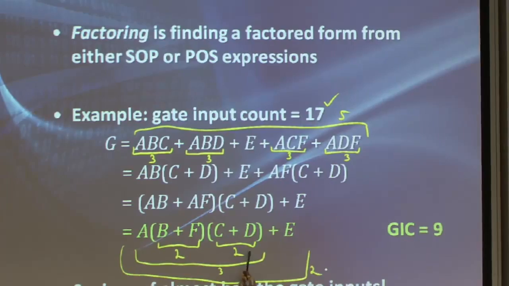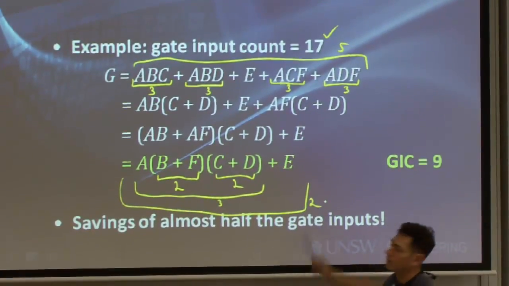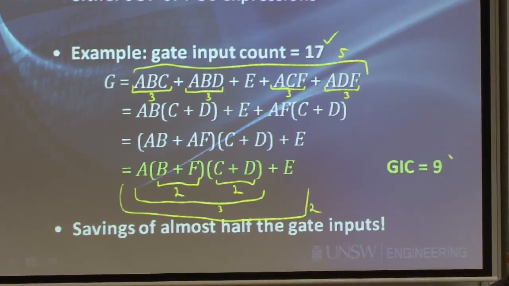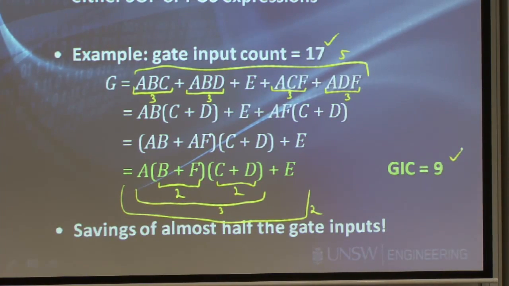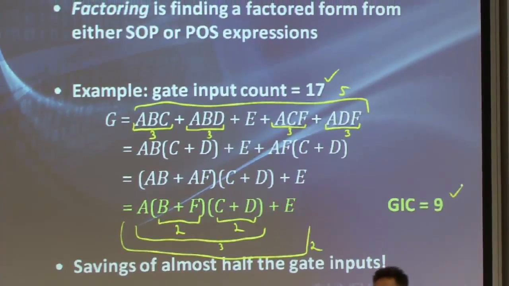So 2, 4, 7, and 9, and I get a gate input cost of 9, which is almost half as many gate inputs as I had originally.